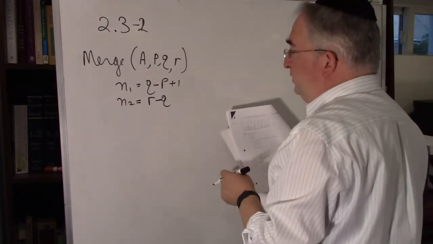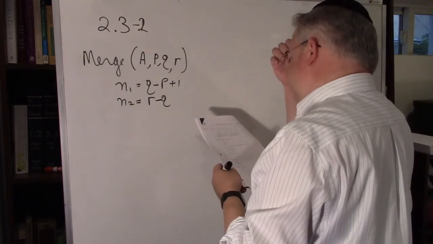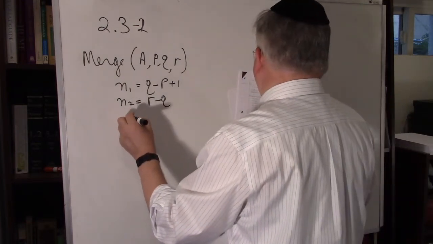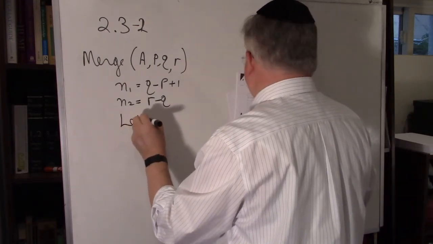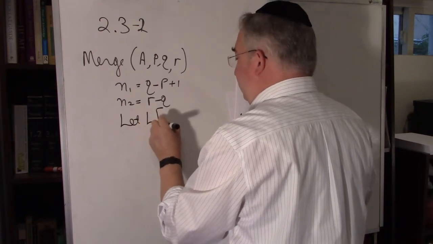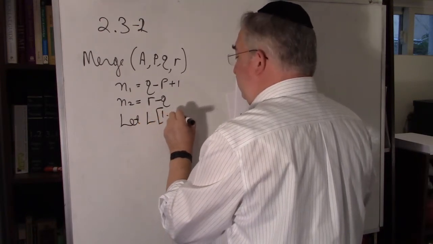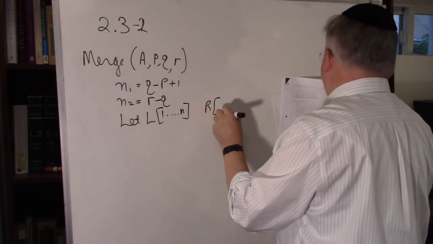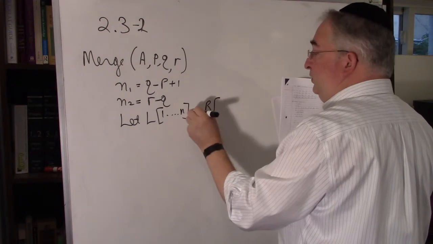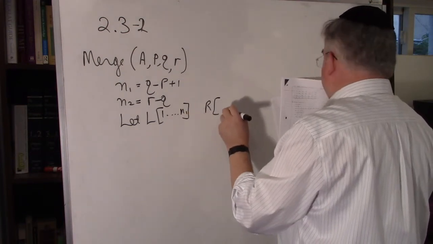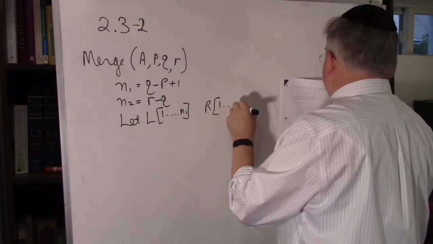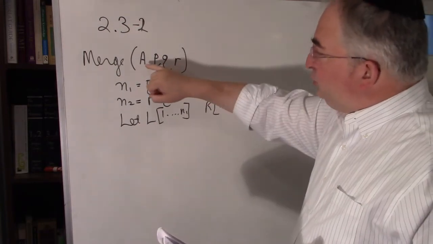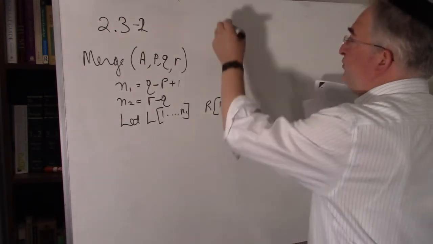Okay, so what is this? Let's go through it. Let L be an array from 1 to N1, and R is going to be an array from 1 to N2. So basically, you're going to have two arrays.